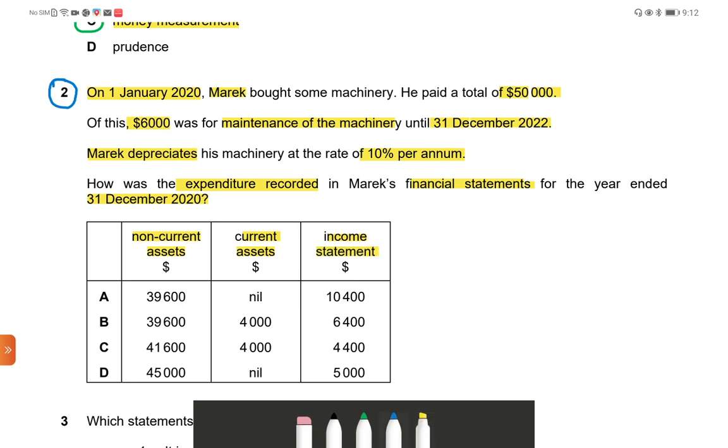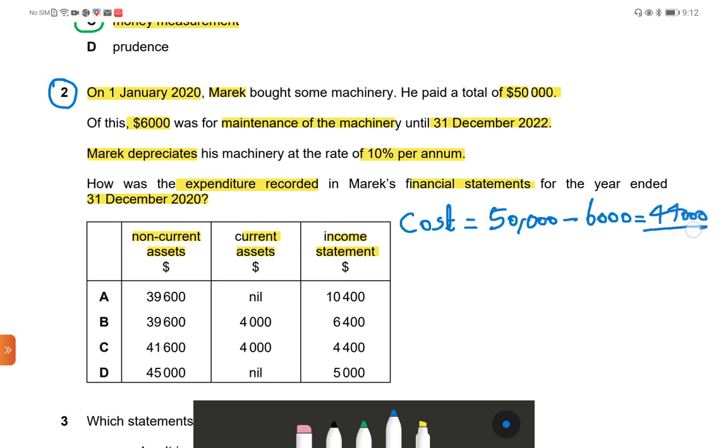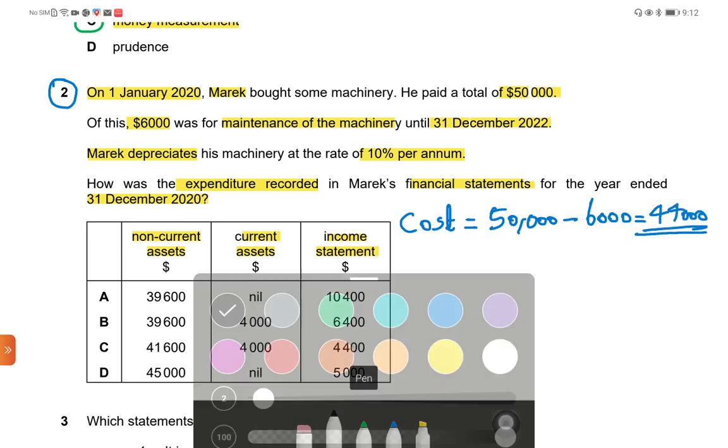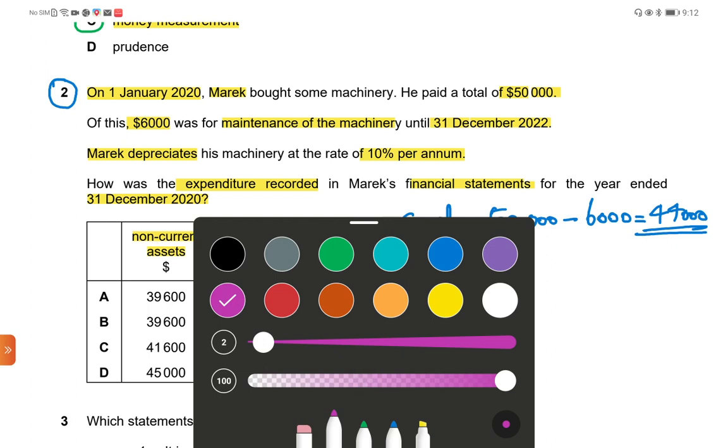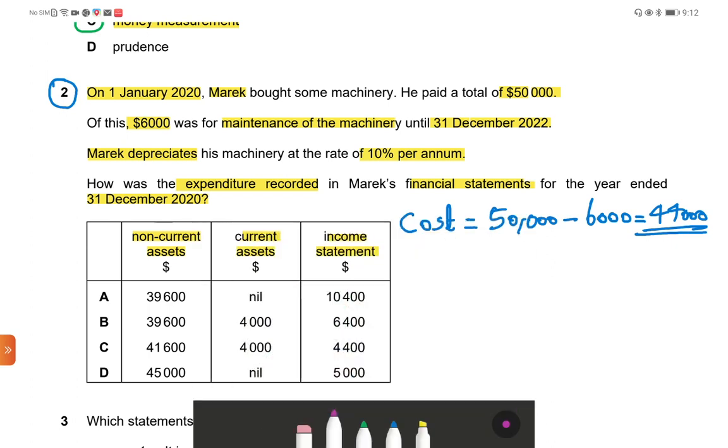So let's check. Here the cost of the machinery is 50,000 minus 6,000. That is 44,000, because 6,000 is for maintenance cost. Next, the maintenance of machinery, 6,000.